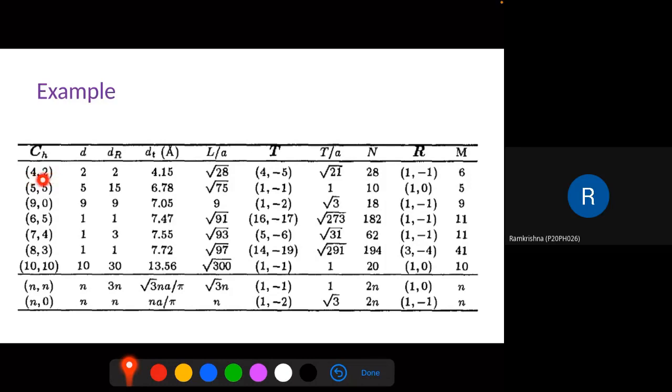For example, if you take 5 5, then the diameter of the tube that you'll get is 6.78. Depending on the tube length that you want, you can also change the tube length to different values as well.